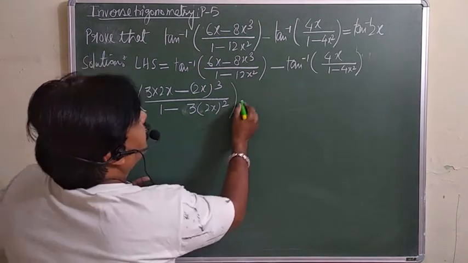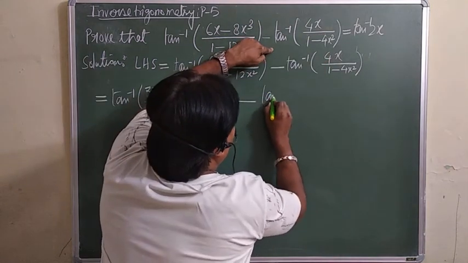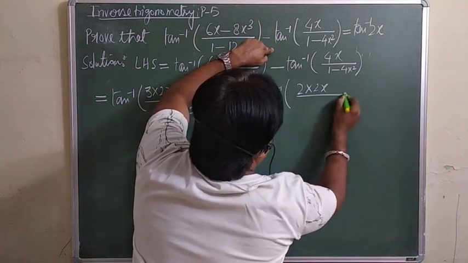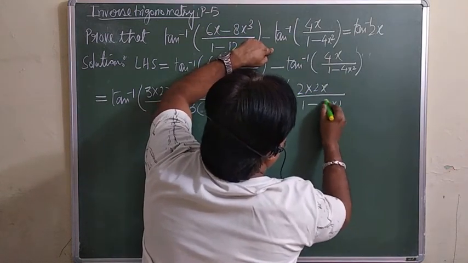Similarly, this can be written as tan inverse of 2 into 2x over 1 minus 2x square.